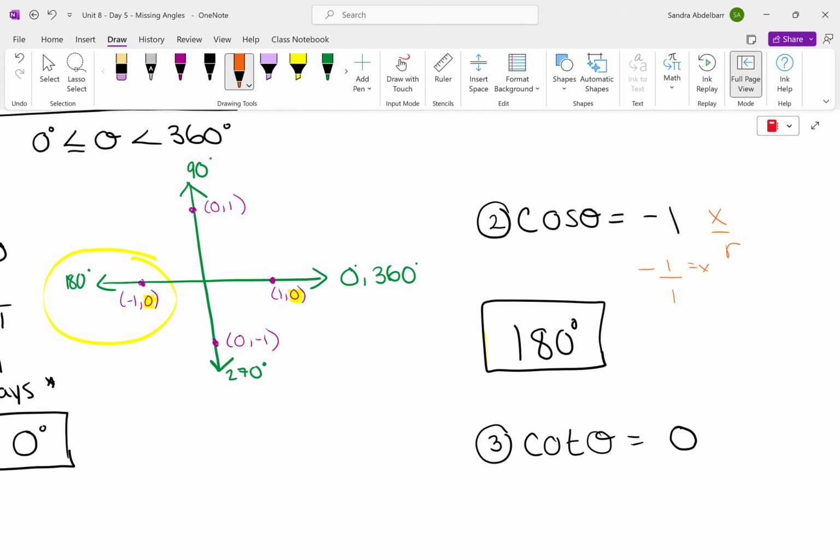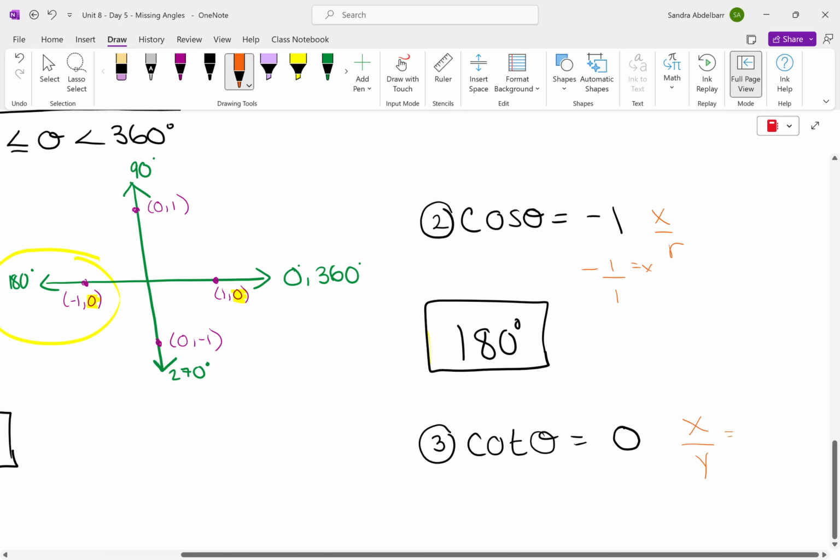This one's a little bit tricky. Yeah, because there's no radius in this one. So what is cotangent? What over what? X over y. X over y.